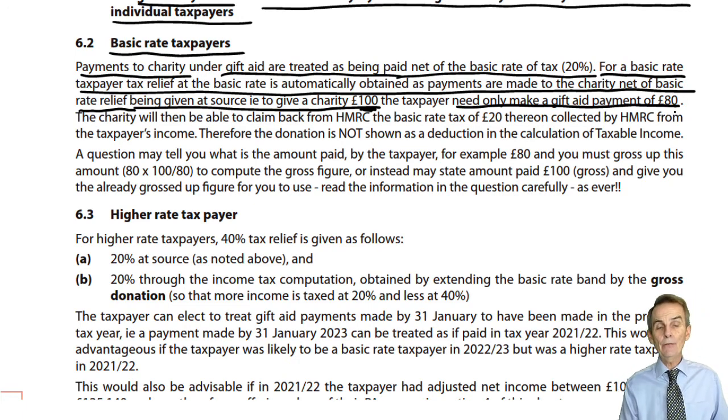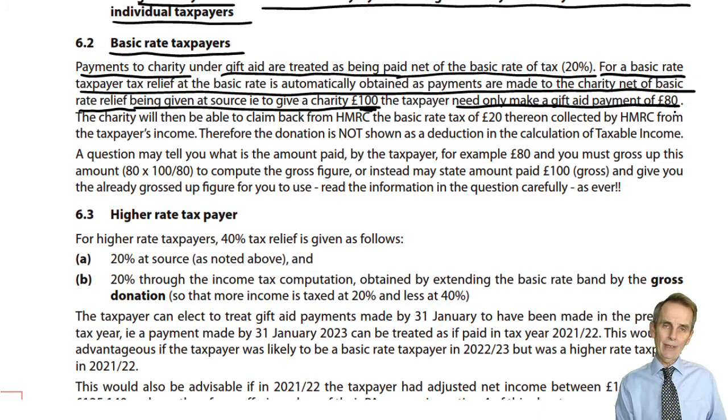To be left with £80 having suffered 20% tax, we'd have had gross income of £100. We'd have paid tax at 20%, so we're left with £80 in our pocket, and we've transferred that across to the charity.